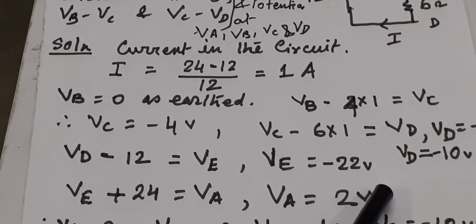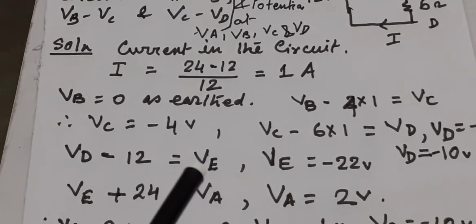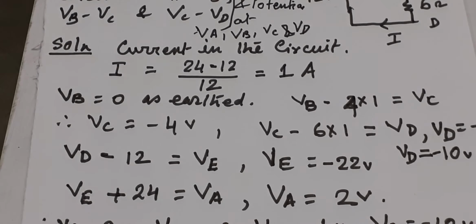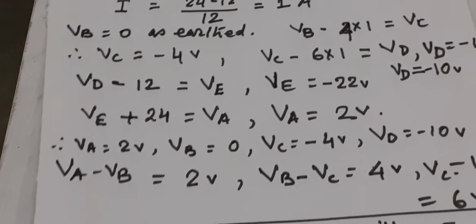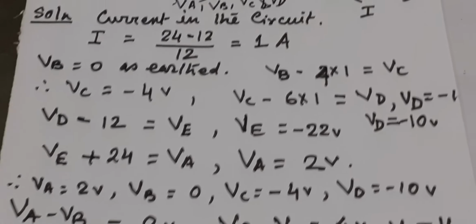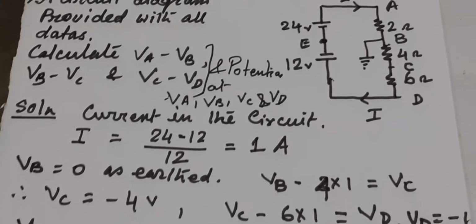Now substitute for VA. VE is minus 22 plus the battery is there, 24. That will give VA. So VA will be 2 volt. In this way you can find out potential at all the points.